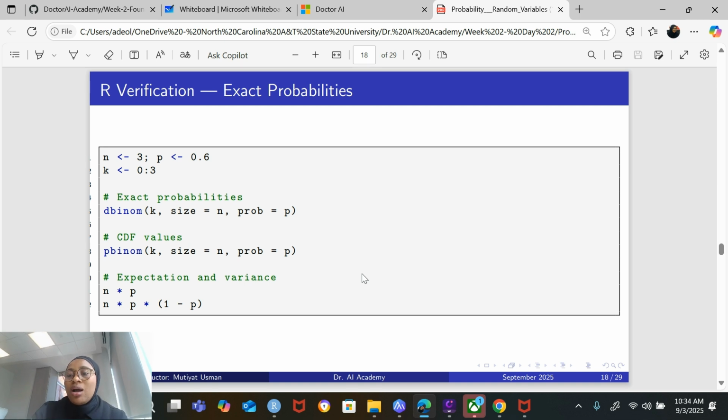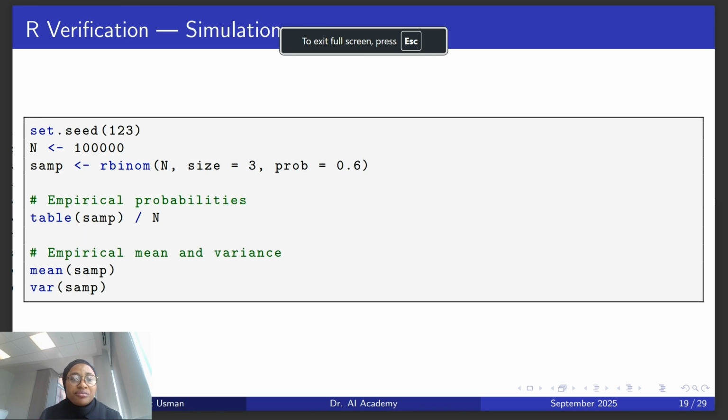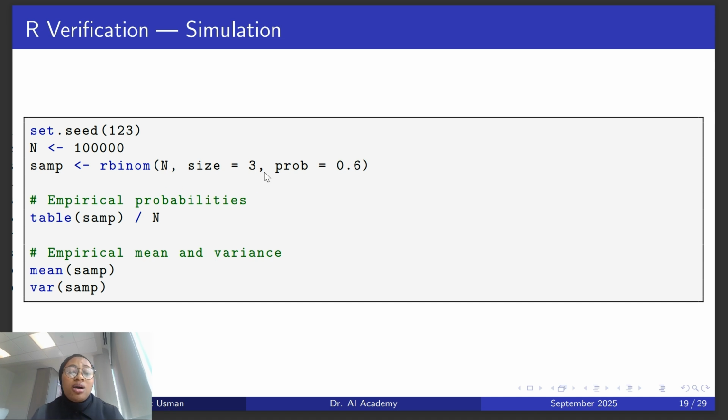Okay, so the next thing is, how do we simulate? Earlier I talked about how we simulated about 10,000 variables, and then we set our trial to be, I think, 1, and that was for a Bernoulli distribution. When we set our seed, it helps us with reproducibility. We set our sample size, and this size is talking about the number of trials, not the number of samples.